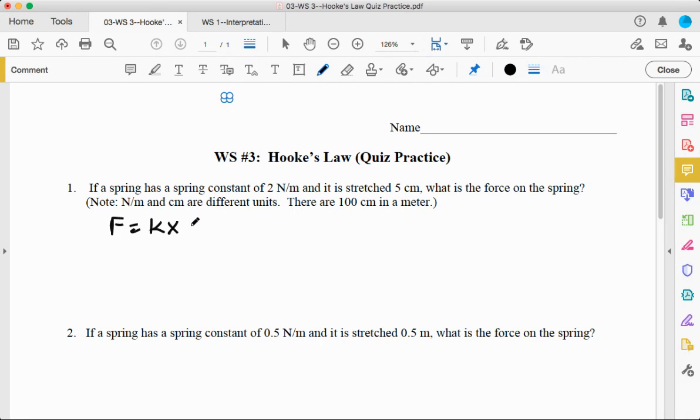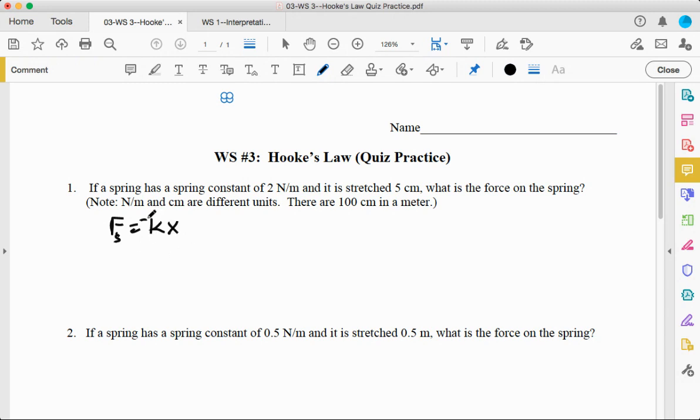Somebody astutely pointed out that on some sites and in some pages, there's a negative sign in front of the KX. All that is referring to is the fact that the force that the spring exerts to try to pull itself back into its normal length, that force the spring exerts, is in the opposite direction. The negative means the opposite direction of the displacement.